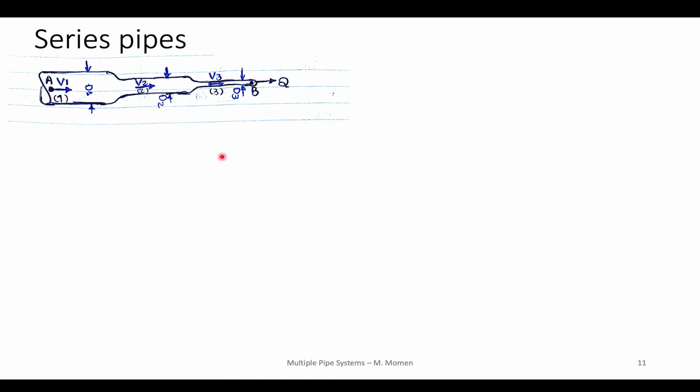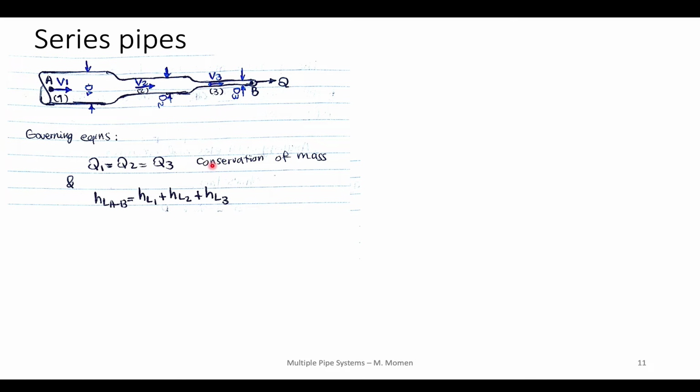Okay, so now let's look at the governing equations for this pipe system. The governing equations are similar to before. The first one is conservation of mass. Conservation of mass says that the flow rate coming into this pipe system should equal the flow rate that exits it.